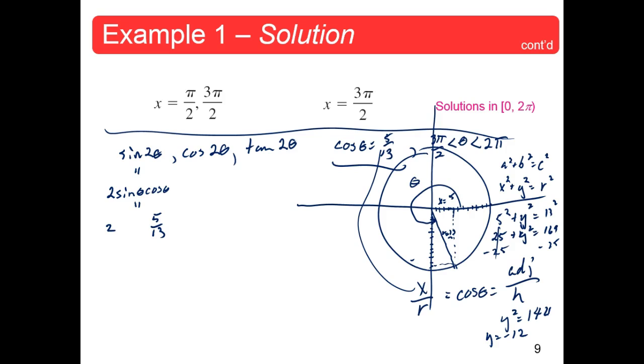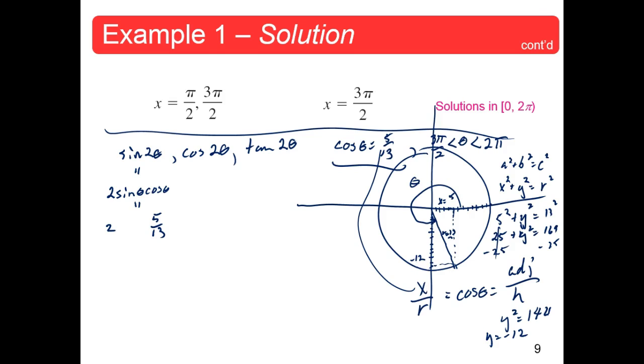No, that would be secant theta. It's the reciprocal. Sine theta would be opposite. How much is opposite here? I started to write it, but I didn't. Minus 12, right?